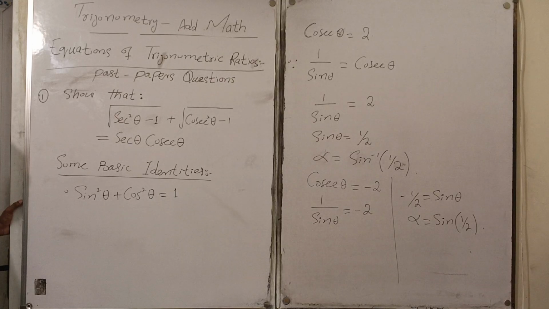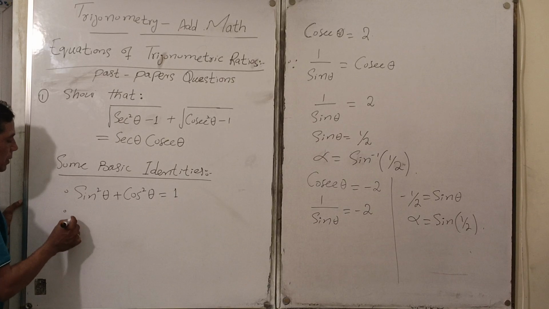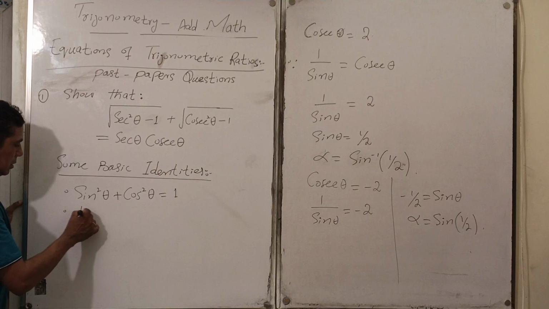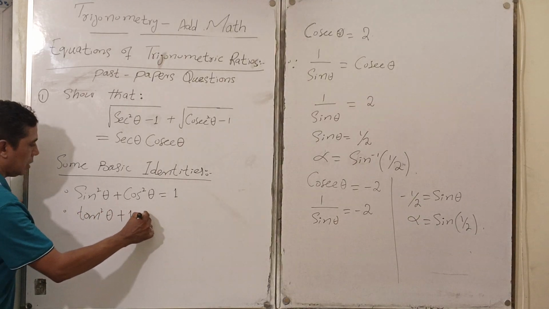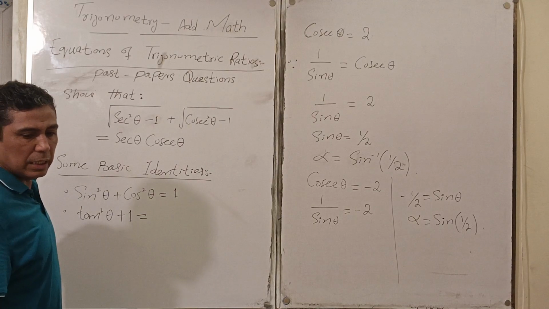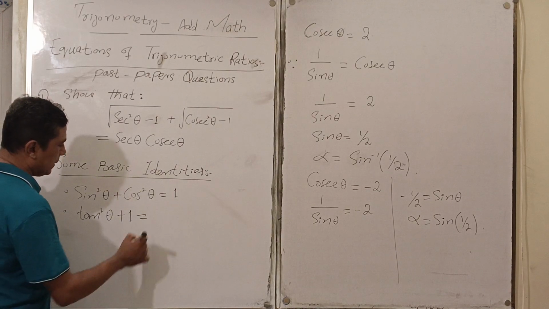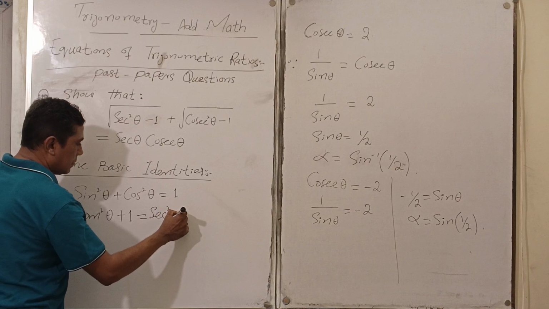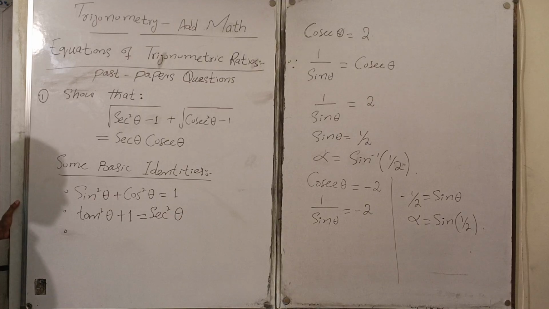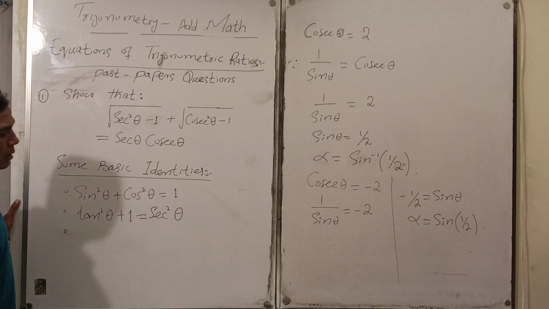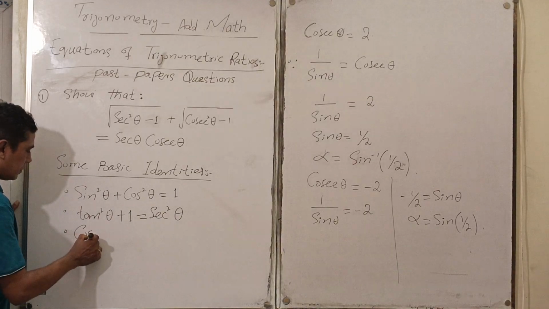Clear? Another basic identity, tan square theta plus 1 equal to what? The sec square theta.